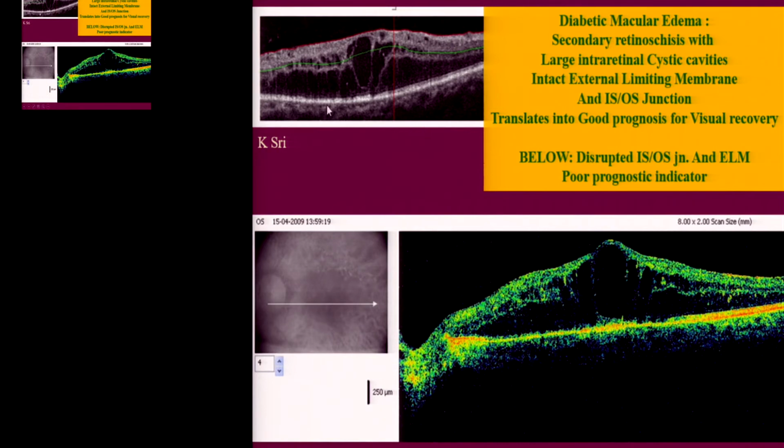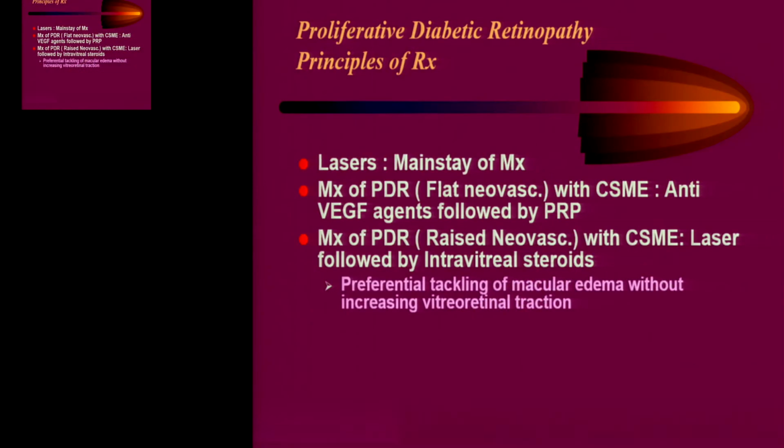In this patient, you could actually see the ELM, and you could see the ISOS junction was not too bad. And this patient got a better recovery as compared to this, where there was a total loss of the ISOS junction and external limiting membrane. So this is how you can get some idea as to whether this patient is going to respond well or not.